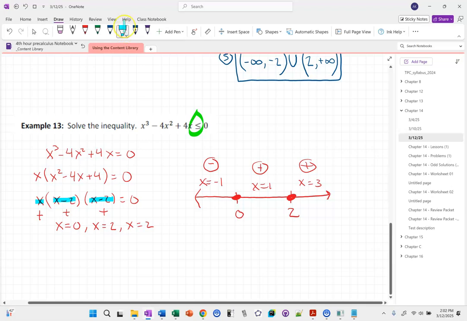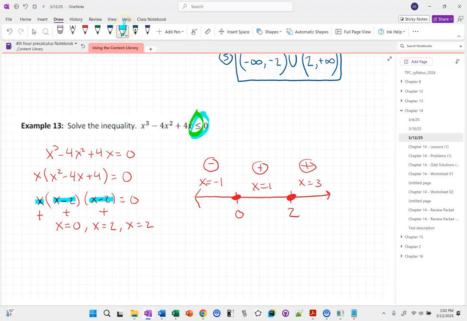Now, because we're looking at less than or equal to 0, I'm interested in this region. Everybody agree? And what else? And 2. Because it's less than or equal to 0, right?